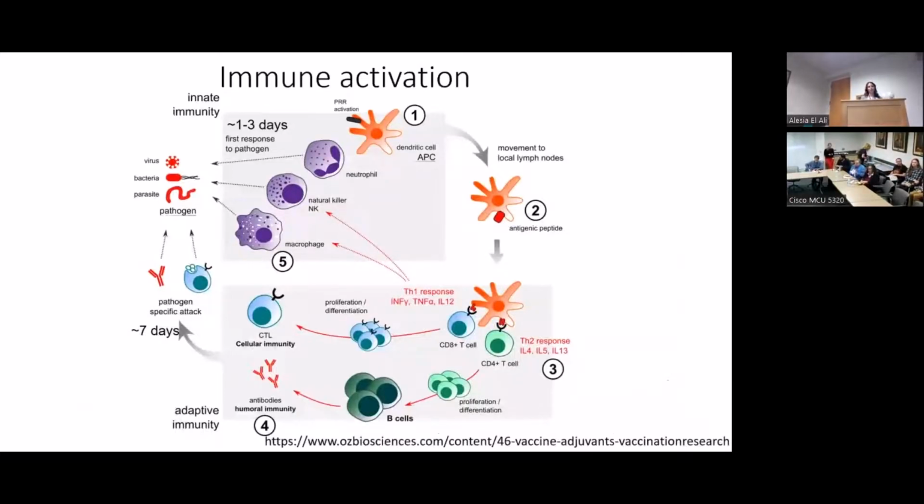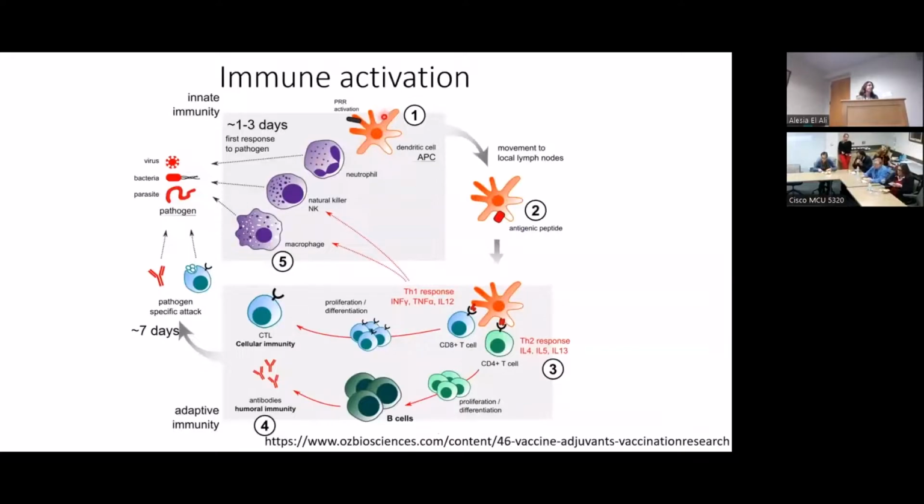So just to briefly go over how immune activation works: you get infected by a virus or bacteria or parasite, so a pathogen, and then you have an innate immune response. This involves several different cell types like neutrophils, NK cells, macrophages, and these antigen-presenting cells or dendritic cells, which acquire the antigen, so a portion of the virus, bacteria, or parasite, and become activated through pattern recognition receptors, which recognize specific patterns within the pathogen.